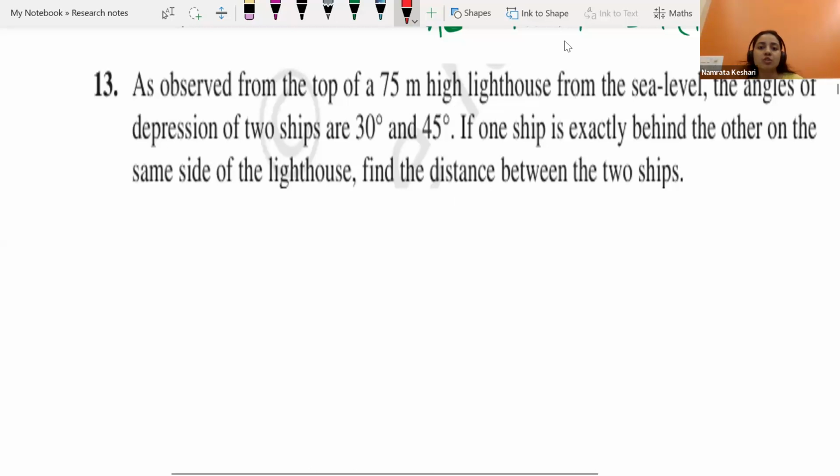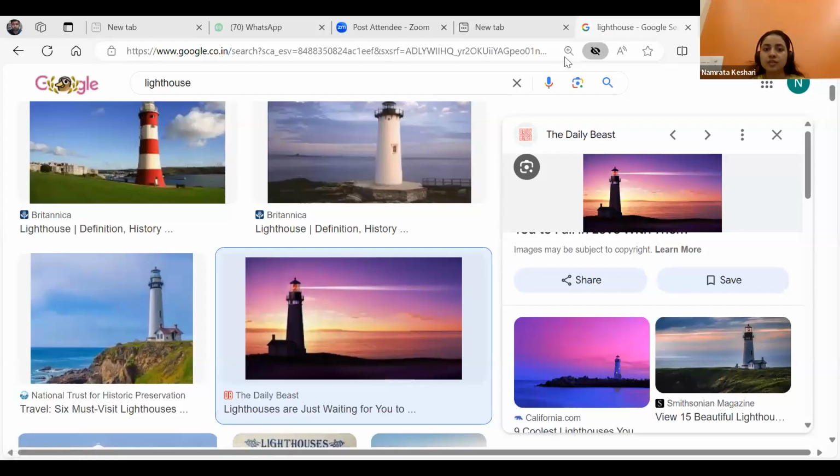What is a lighthouse? Let me show it to you. Can you see this lighthouse?